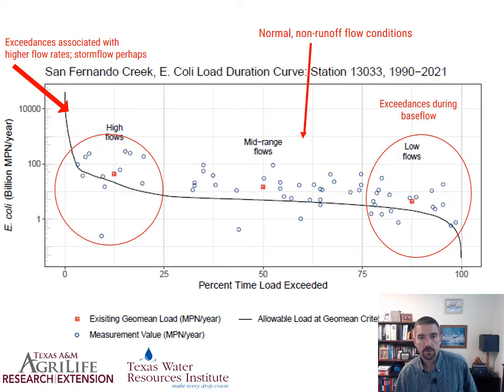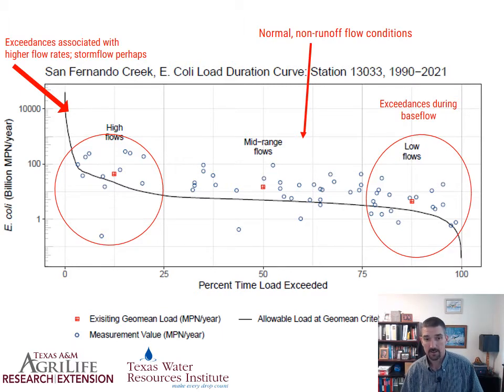So what we have presented is the open circles, which are actually the concentration data multiplied out by some conversion factors to get it from colony forming units of bacteria per 100 milliliters of water up to a volume of E. coli over the course of the day. So your flow volumes are recorded in cubic feet per second, and we can do some math to multiply out the number of seconds per day, the number of milliliters in a cubic foot of water, and things like that to get a volume of E. coli.